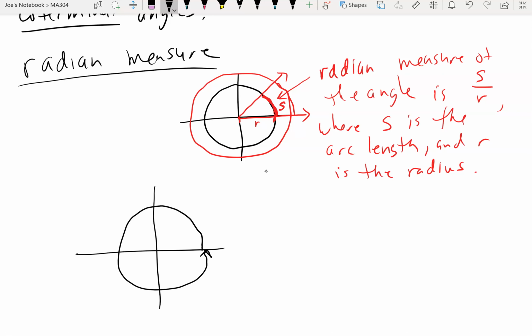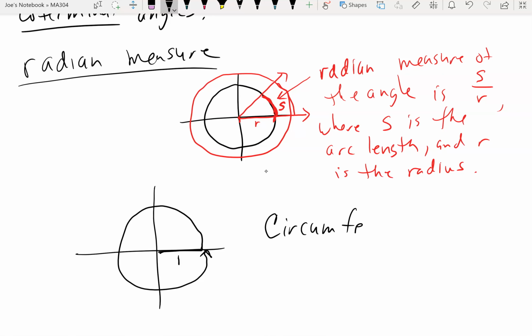That's a really bad circle. But what if I think about this as a circle, and what if I think about the radius here as just 1? Can I figure out how far around I went? What's the name of that? The circumference, right? And what is circumference equal to?